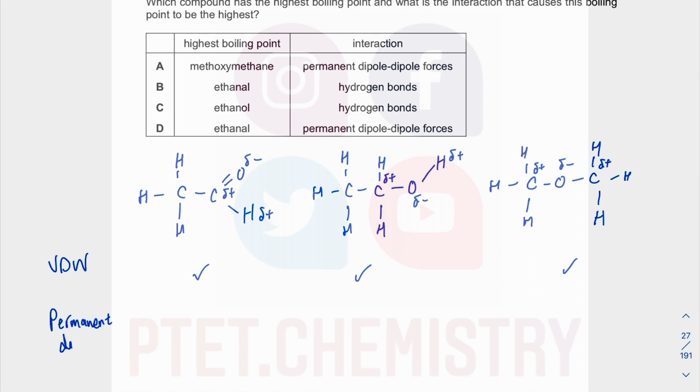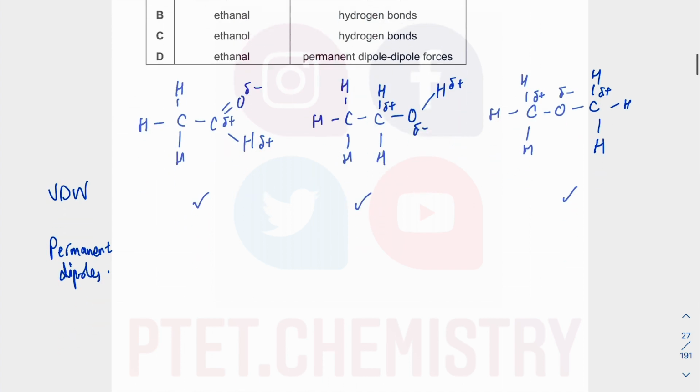In terms of permanent dipoles, we are looking at, is the molecule polar or not? Well, you have a dipole there, so this is a polar molecule. Alcohol is also a polar molecule. You have a strong dipole due to the electronegative oxygen. The same deal here, you have electronegative oxygen.